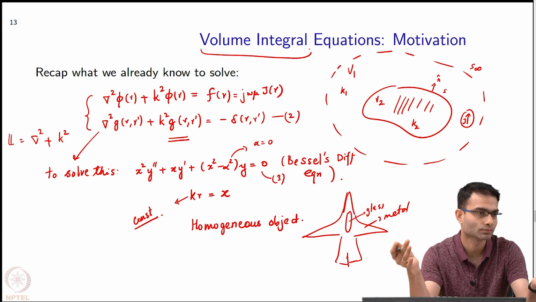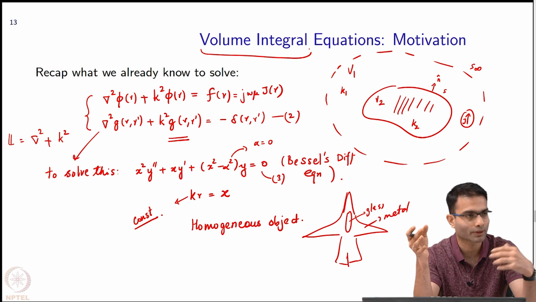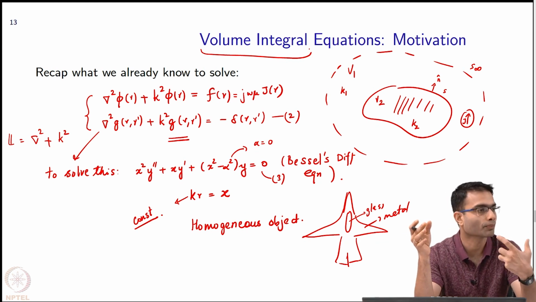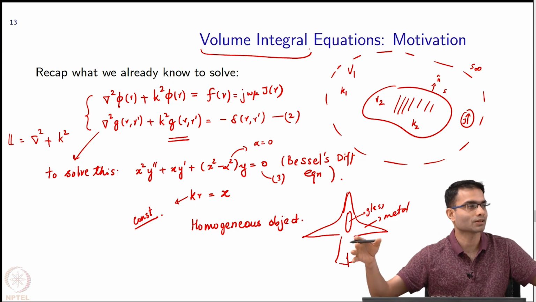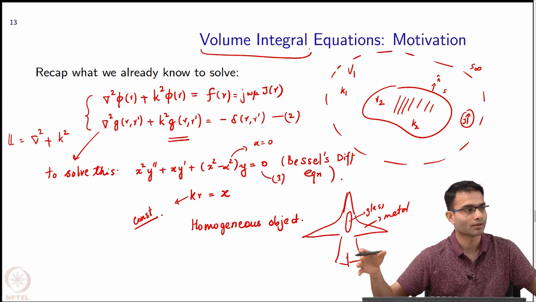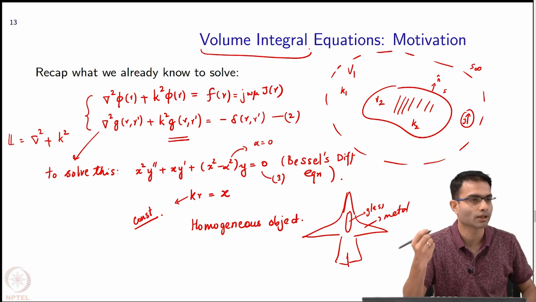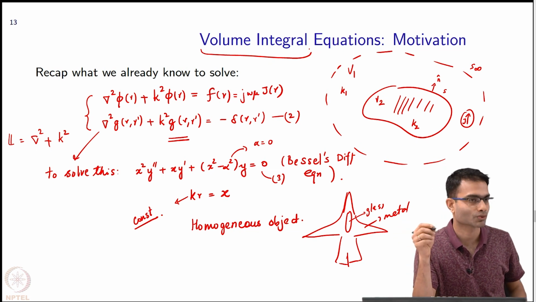More computation, because the number of computations, as I take a surface area, will have more elements to calculate than just the line around it, right? So computation is going to increase, but that's a price that I have to pay for solving this.